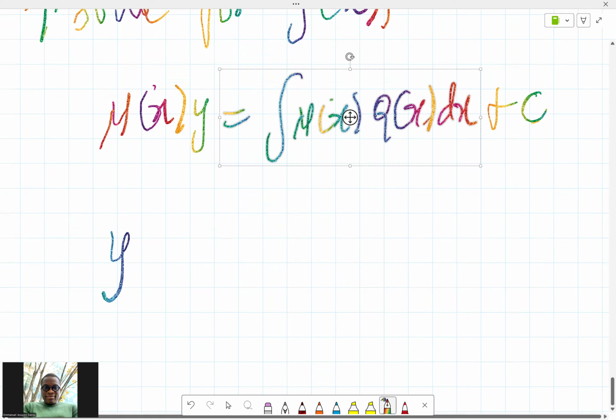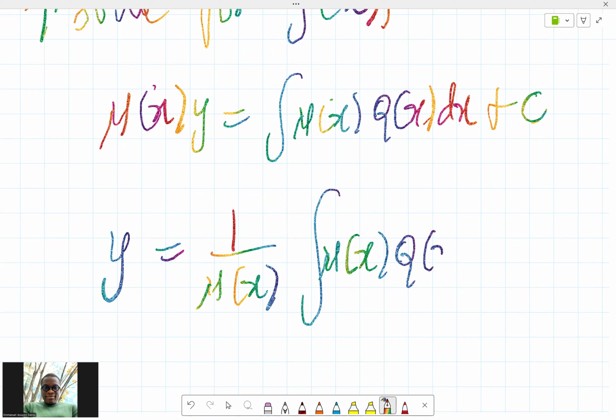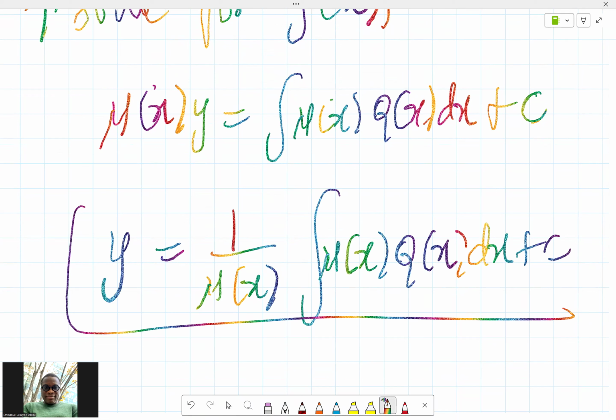So y alone is obtained by dividing through by mu. So you have 1 over mu of x times the integral of mu of x q of x dx plus c. This is what you end up having.